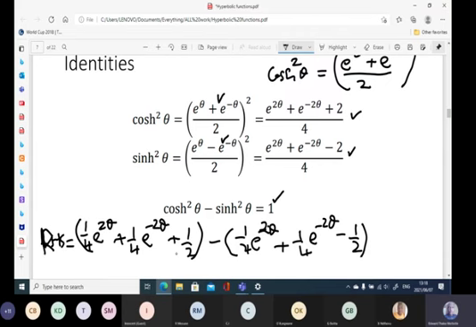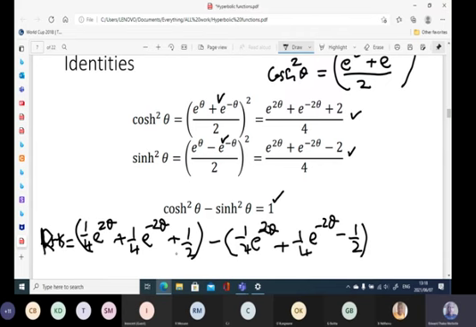So you are left with 1 over 2 minus half, and this is equivalent to 1. So if I ask you to prove this identity, you'll go through the same steps that I've just shown you. So we have just proven that this identity is correct, because we started on the left hand side and arrived at the right hand side. Okay.